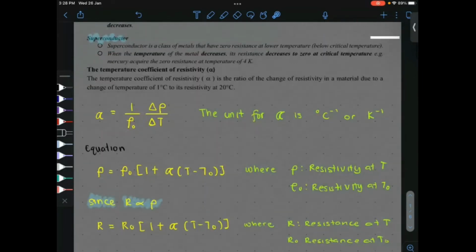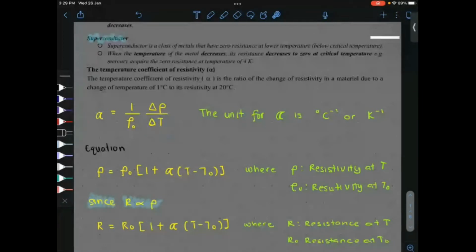Okay, now we're going to look at a new term introduced in this subtopic, iaitu temperature coefficient of resistivity, alpha. Okay, the temperature coefficient of resistivity is the ratio of the change in the resistivity of the material due to the change in the temperature of 1 degree Celsius to its resistivity at 20 degree Celsius.